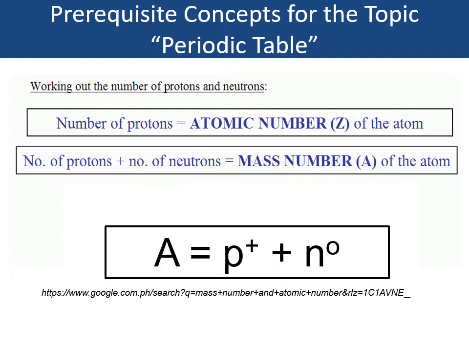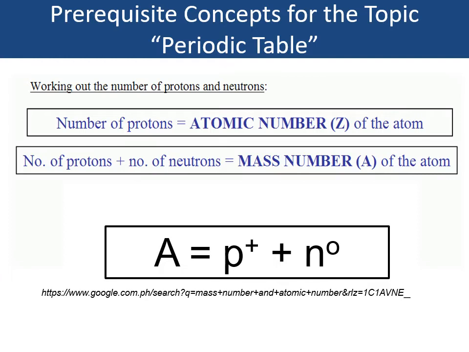So, pwede nating sabihin that the mass number, symbolized with capital letter A, is equal to the number of protons plus the number of neutrons. Tingnan ulit nating mabuti. Ang symbol natin for atomic number is capital letter Z, and yung mass number natin is capital letter A.